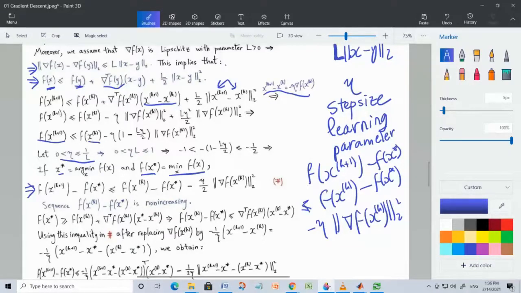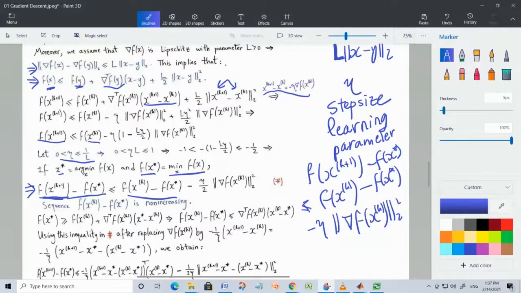If you carry out gradient descent and your function has gradient vectors that are Lipschitz continuous, and you stick to a step size that is strictly positive but at most 1 over L, then the difference between the function at the k plus 1 iterate and the true minimum is upper bounded by the difference between the function at the kth iterate and the true minimum, minus something.